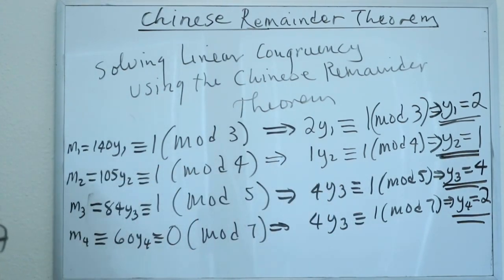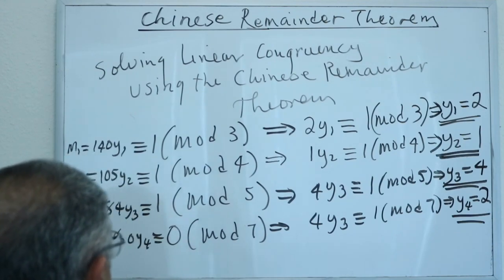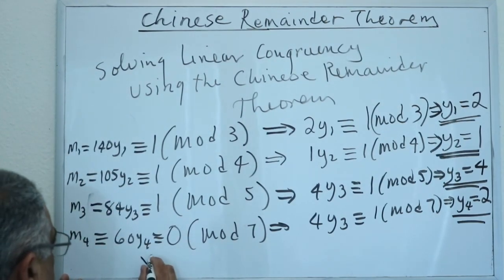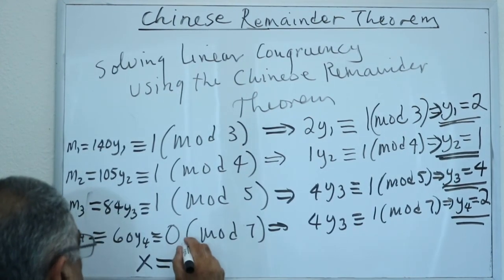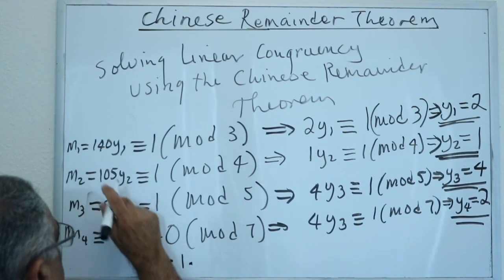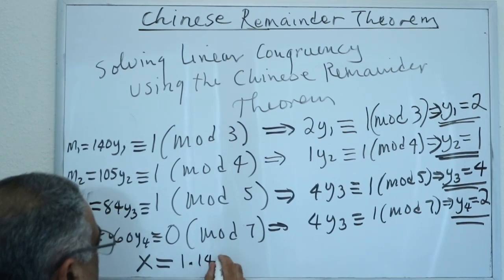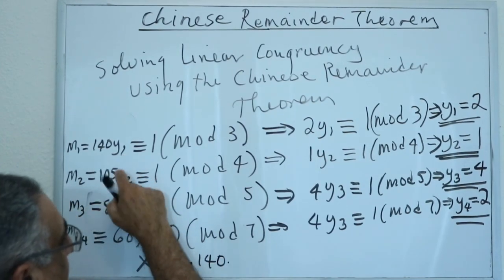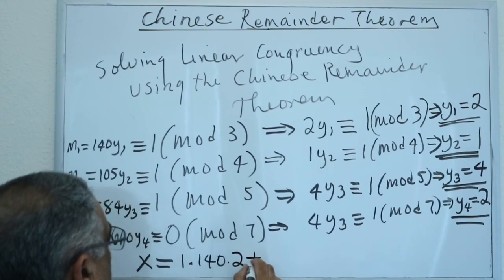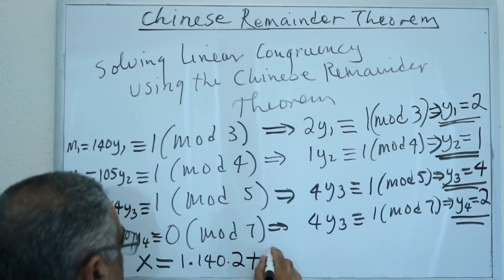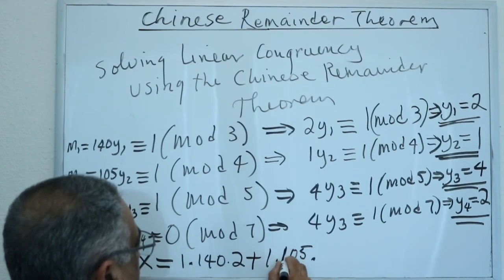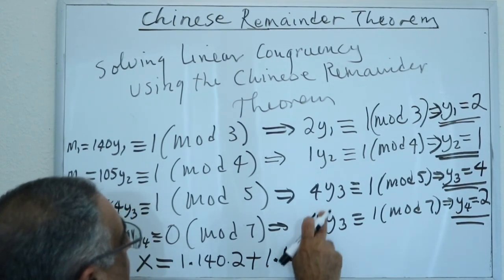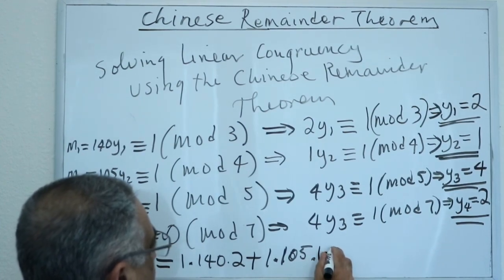All I have to do now is come up with the value of x. So the value of x is going to be: I'm going to take 1 times 140 times y1, which is 2, plus 1 times 105 times y2, which is 1.